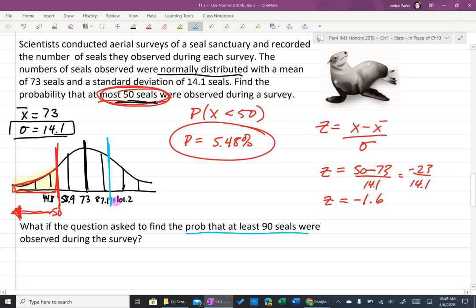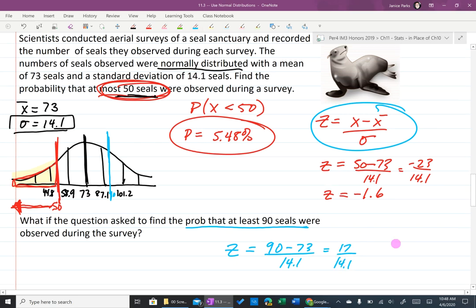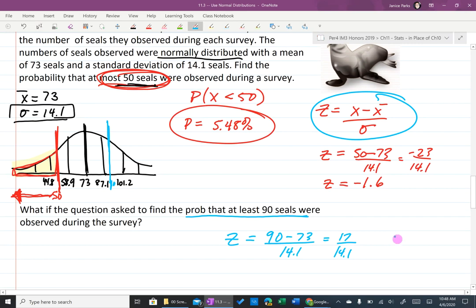And we're going to do this formula again. The z-score is going to be 90 minus the mean, 73, divided by the standard deviation. That's going to give me 17 over 14.1, so the z-score is positive 1.2.